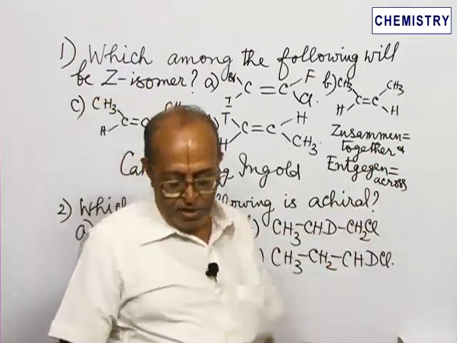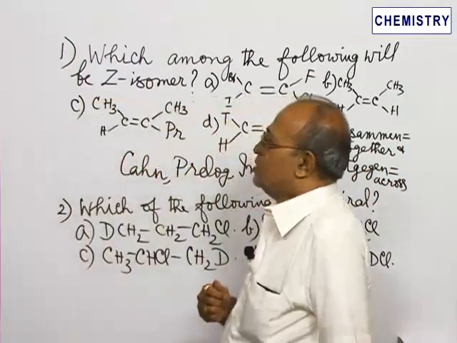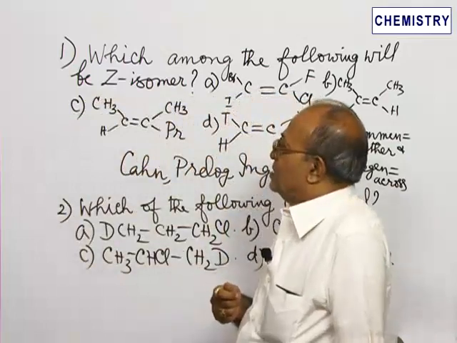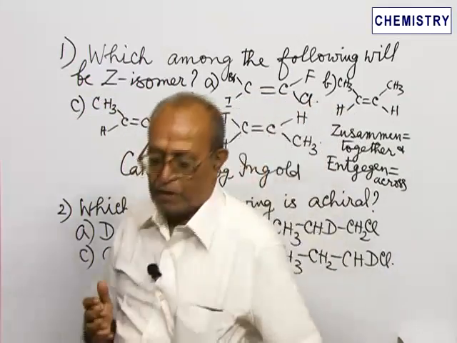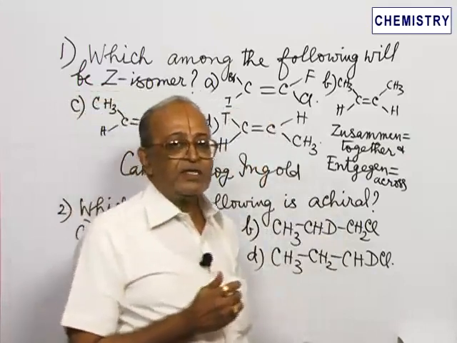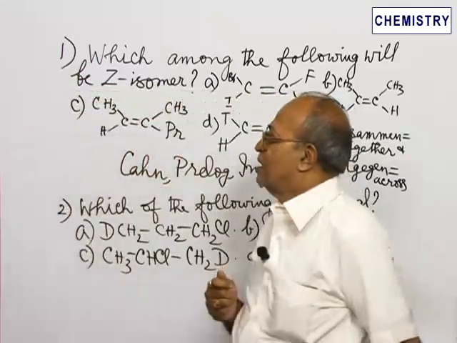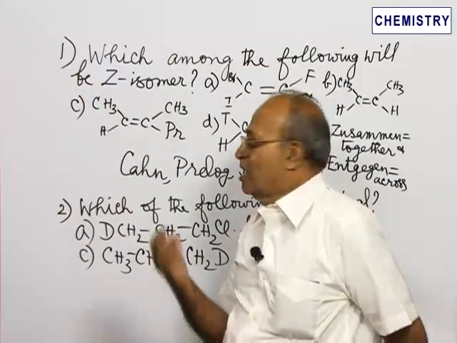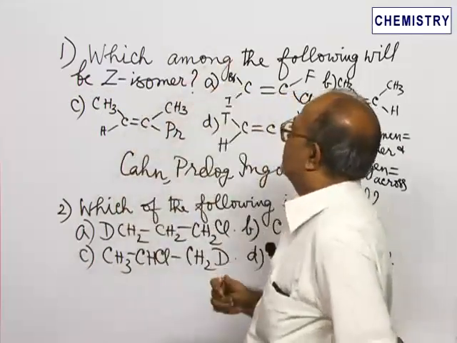Now, these three scientists introduced what is called a sequence rule. Sequence rule is based on this fact, namely, priority is given for the higher atomic number for the substituent. For example, consider one case.